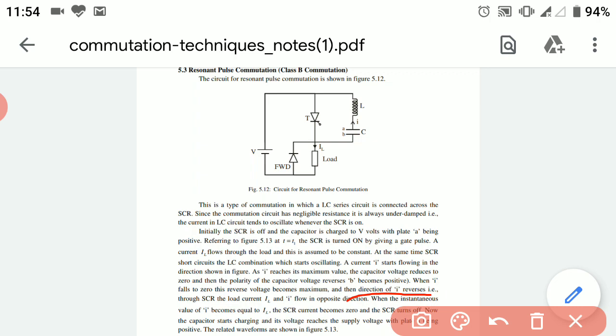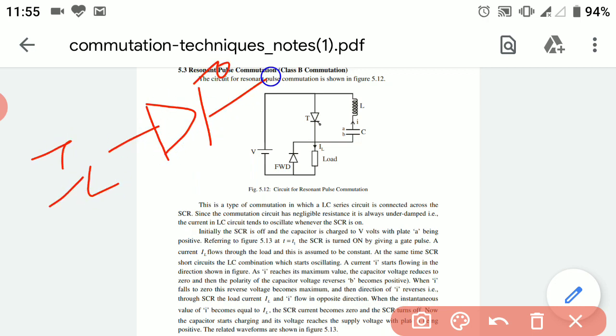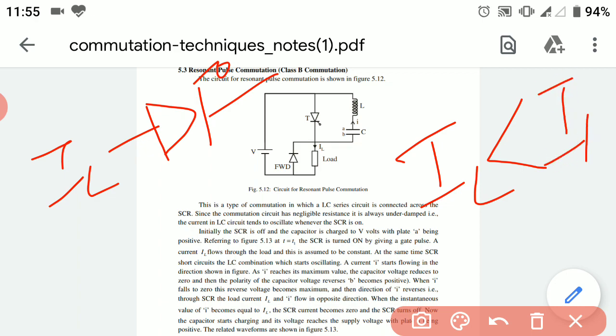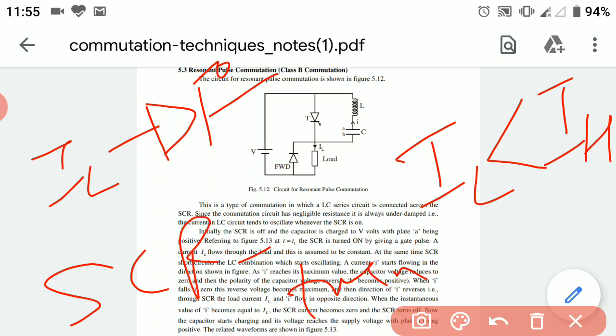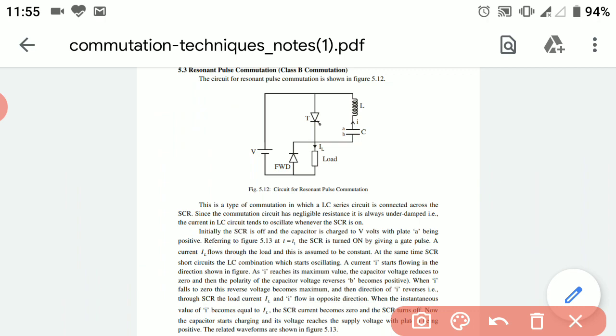Due to this opposite direction, the level of IL through the thyristor starts decreasing, and when this IL reduces to a limit that it is less than the holding current value, the SCR will turn off. So this is how this circuit behaves, which commutates the SCR.